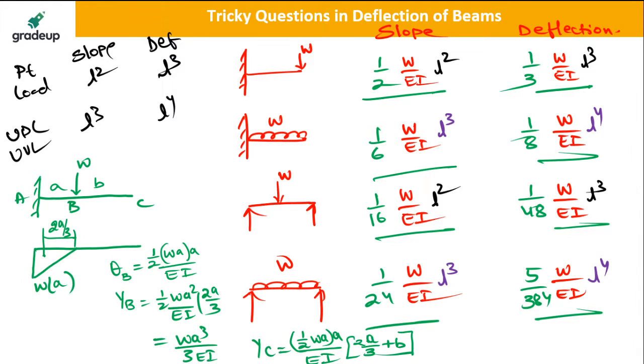Yes, Vikas. Is this clear? So likewise, we have to take the area of the bending moment diagram for which the question is asked to you, or from zero value to the question asked, and the X bar to be taken from the point for which the question is asked. If it is B point, you take X bar from B point. If it is deflection at C, you take X bar from C point. Is this clear?